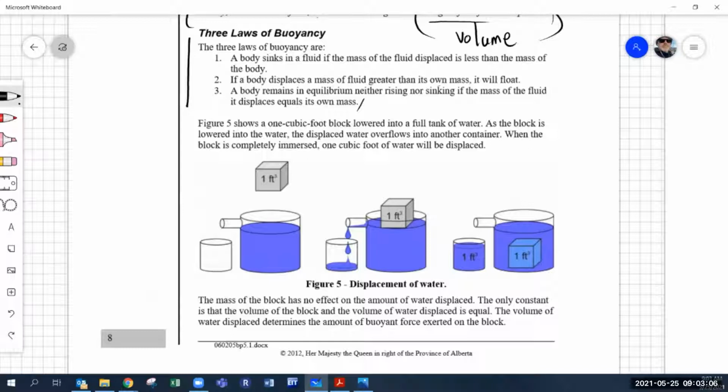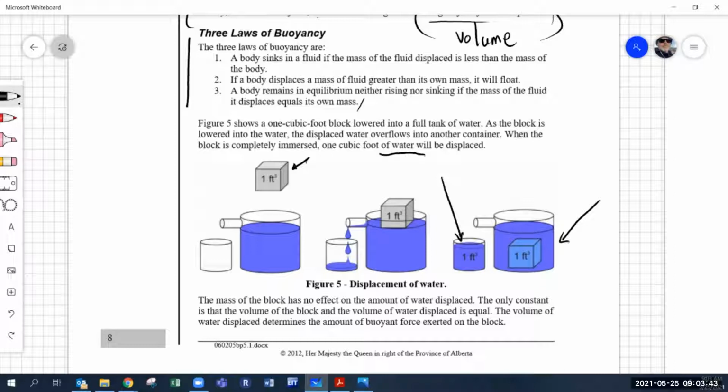In this figure 5, they have this 1 cubic foot block, and it's lowered into a tank. As that goes into the tank, the amount of fluid it will displace is equal to the volume of that block. Now, because we're using water, we can calculate the buoyant force exerted on that block.